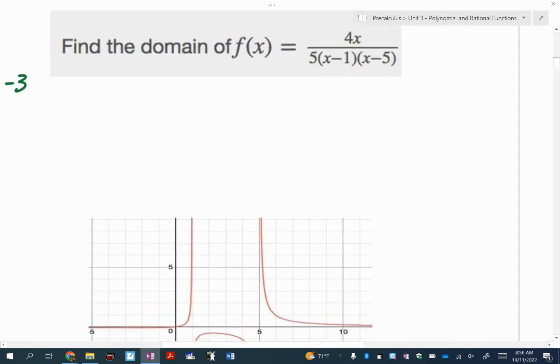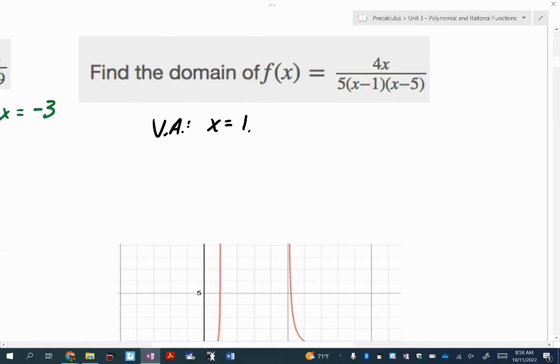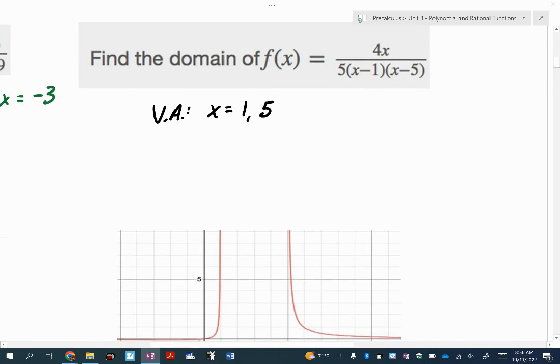So this one is already fully factored, and we're not able to cross out anything. So when I look at this, I'm just thinking about my vertical asymptotes, or whatever makes my denominator equal to 0, which is a positive 1 and a positive 5. Okay, so when I do my domain, because I don't have any holes, it's just going to be about the vertical asymptotes.